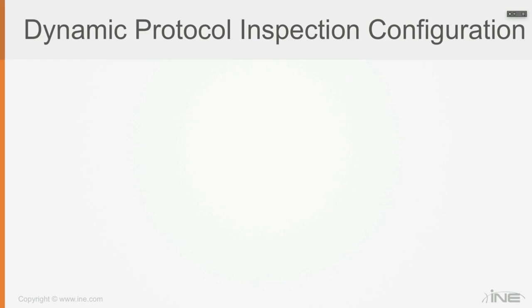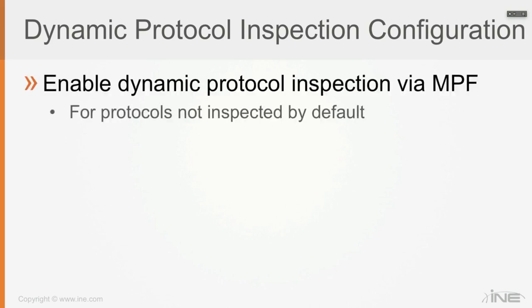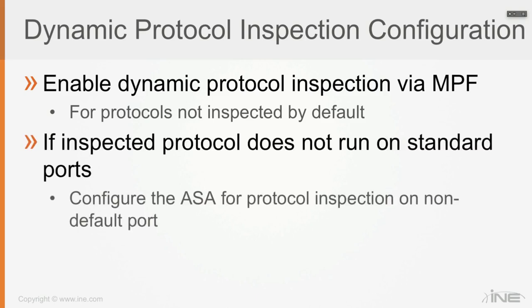Now, configuration wise, we just enable dynamic protocol inspection via MPF, of course, for protocols not inspected by default. If the inspected protocol does not run on standard ports, like FTP runs on port 2121, not on port 21, then we have to configure the ASA to inspect that protocol, like the FTP protocol, on the non-standard port.